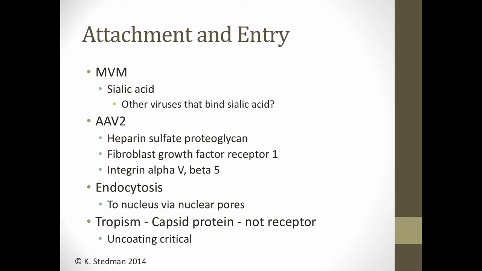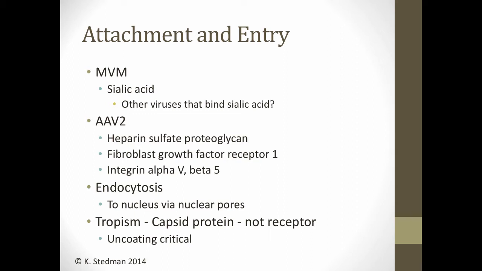Once these viruses get inside cells via endocytosis, they then have to move to the nucleus, where they get inside via nuclear pores. Remember that they are dependent on cells being in S phase, where S phase enzymes are in the nucleus.